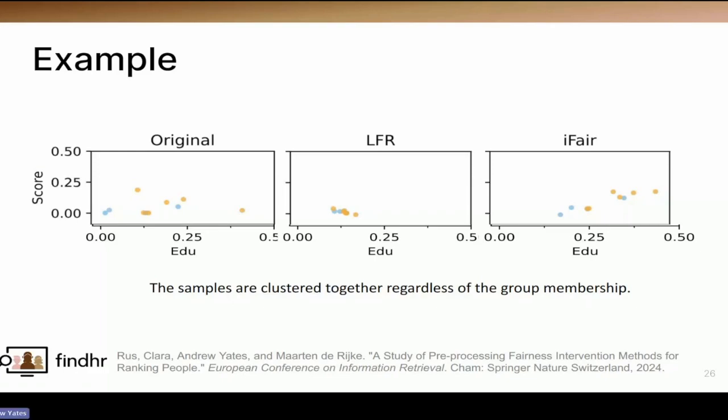So we see there's still some trends here where the blue dots are close, but not so far away from the yellow dots, which is somewhat similar to the original. This is because we're looking at individual fairness here, and this is trying to preserve the similarities that were in the original feature vectors. Whereas with LFR, where we're considering groups just like we're visualizing, we see that the feature vectors place the points much closer together in this resulting new feature space.